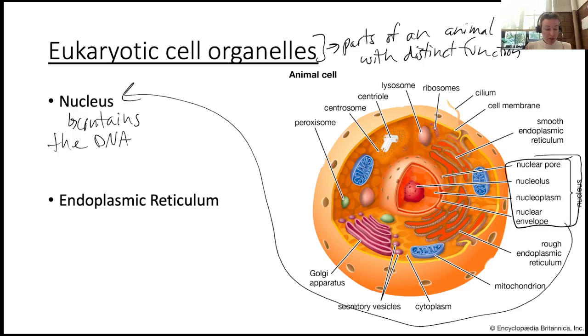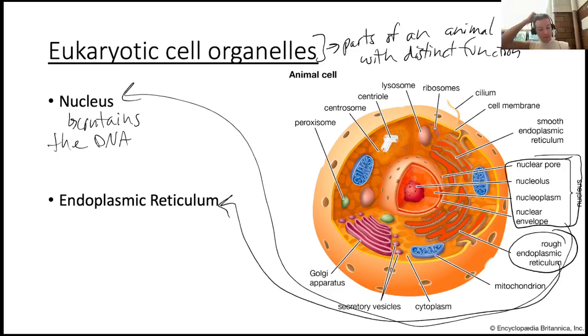We have a bunch of other stuff, folks. We have something called the endoplasmic reticulum. And the endoplasmic reticulum has a variety of roles. It has a large role in metabolism.